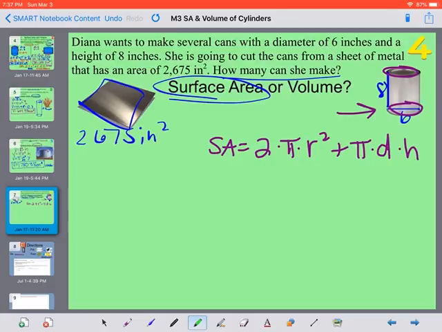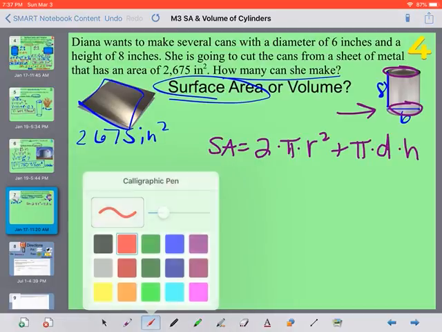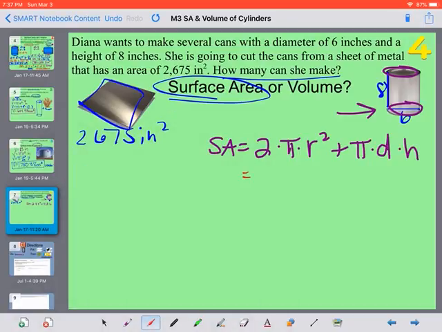Okay, so plugging in everything that we know, 2 times pi times radius, our diameter is 6, so our radius is 3. Radius only goes to the middle, so 3 squared, plus pi times diameter, which is 6, times our height, which is 8.